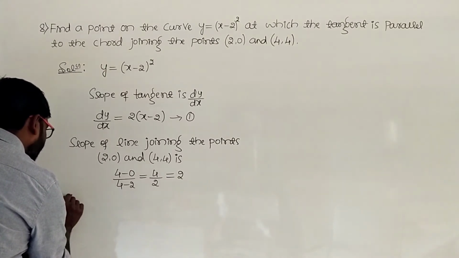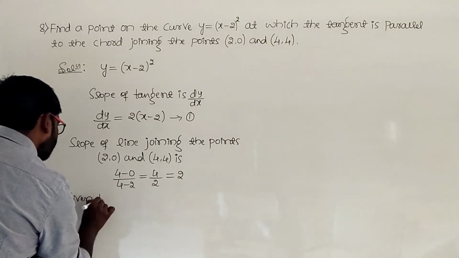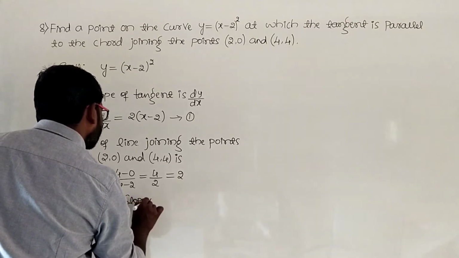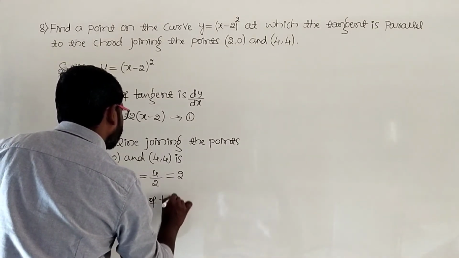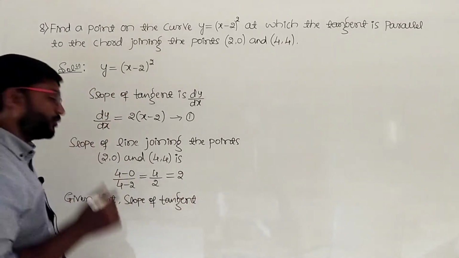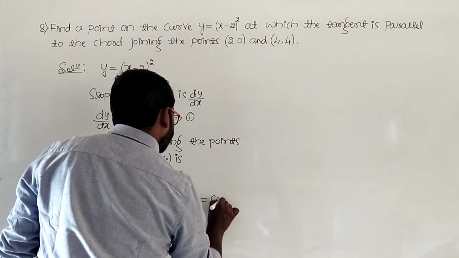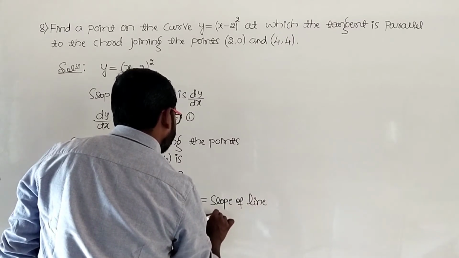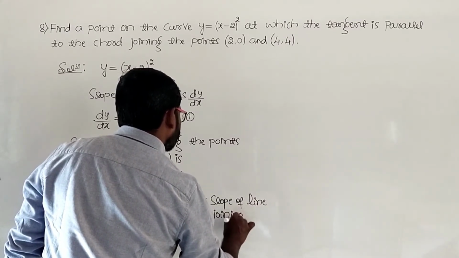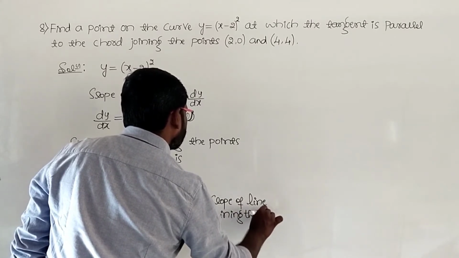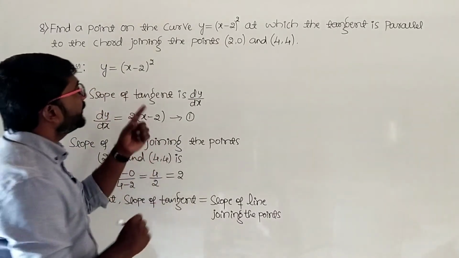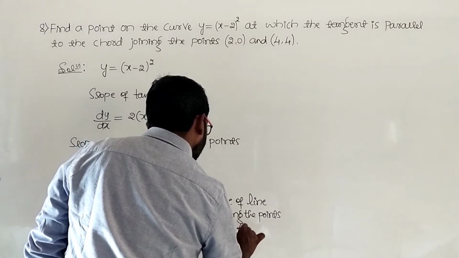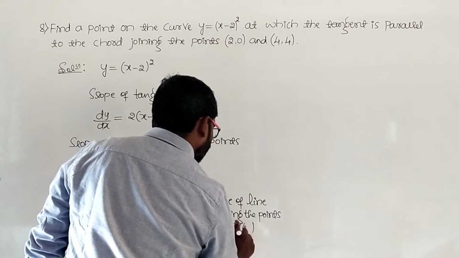Therefore, we'll write a statement: given that, slope of the tangent is equal to slope of line joining the points (2, 0) and (4, 4).